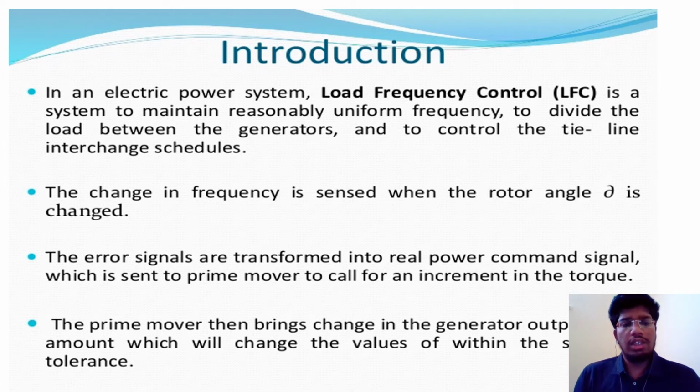The error signal is transformed into the real power command signal, which is sent to the prime mover to call for an increment in the torque. The prime mover then brings change in the generator output, which will change the value of frequency within the tolerance.